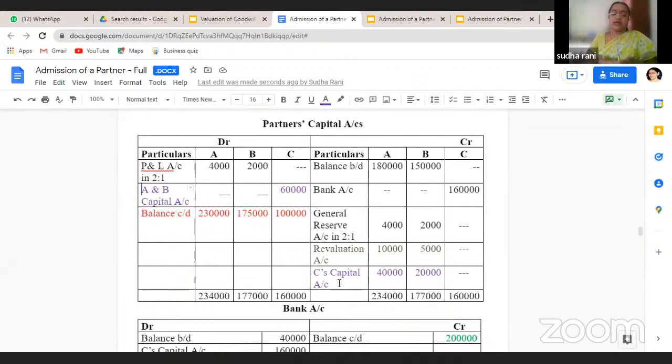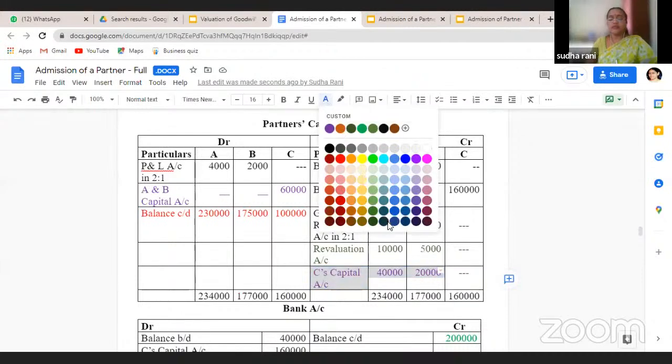partners' capital balances are increasing. So on credit side, A's and B's capital accounts, we are supposed to show whatever A is taking and B is taking. These are the colored ones. C's capital account, on debit side, whatever A and B are taking, that amount you are supposed to show.